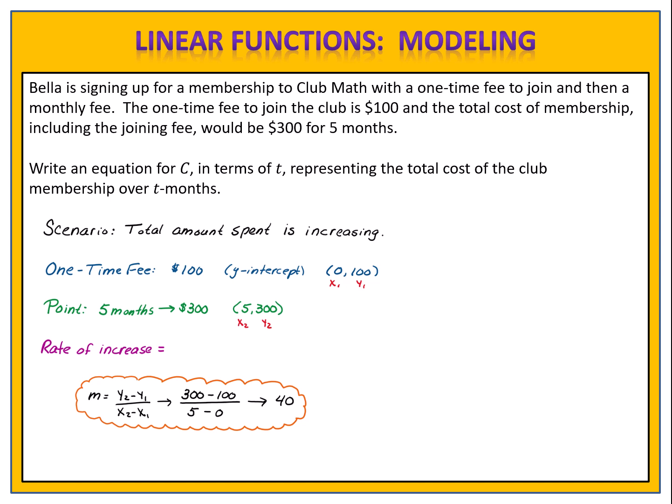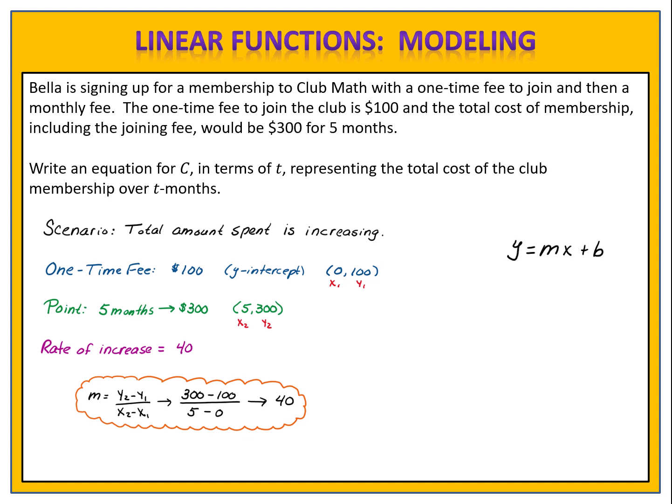The slope is 40. This means that the monthly fee for the club is $40 per month. We now have a rate of increase called the slope. We also have a point and a y-intercept. It's up to you at this point whether you use the slope-intercept or the point-slope form. I personally like to use the slope-intercept because I have the slope and the y-intercept given to me.